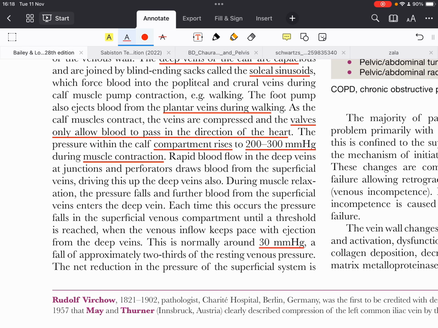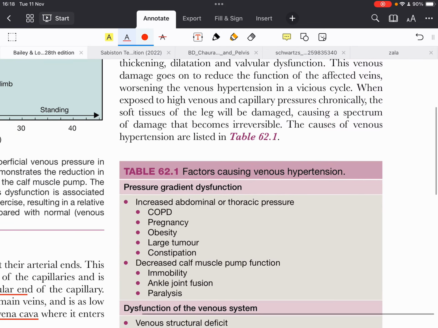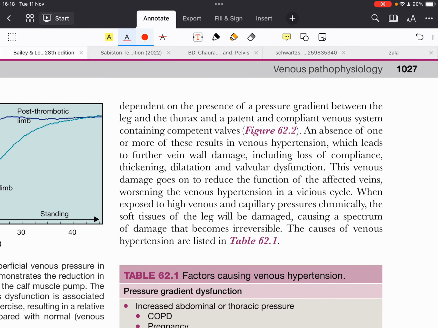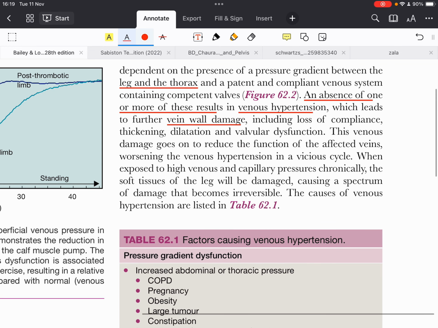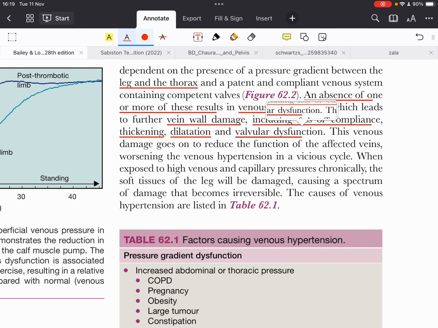The net reduction in the pressure of the superficial system is dependent on the presence of a pressure gradient between the leg and the thorax and a patent and compliant venous system containing competent valves. An absence of one or more of these results in venous hypertension, which leads to further vein wall damage, including loss of compliance, thickening, dilation, and valvular dysfunction.